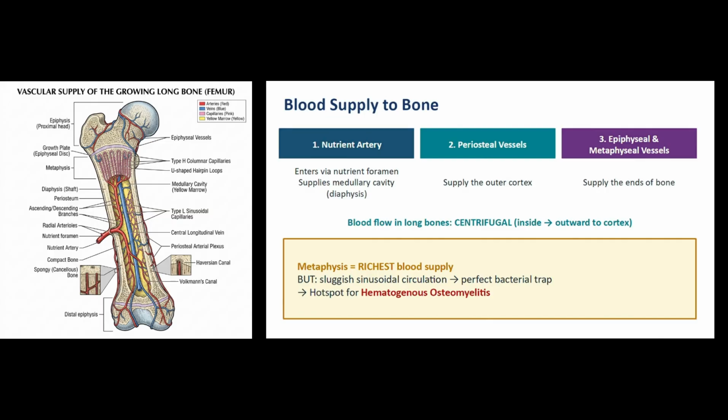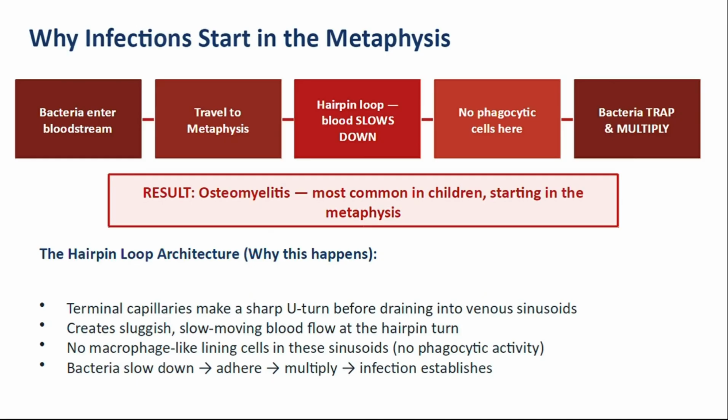When the bacteria enter through our bloodstream, they will thrive there because it has a very rich blood supply and there is no inner lining of phagocytic cells. We can see here the blood enters through the bloodstream and travels to the metaphysis, and the hairpin loop in the blood vessels slows down the blood flow, and there will be no phagocytic cells there. Therefore, the bacteria will multiply there. And the most common site of osteomyelitis in children is the metaphysis.